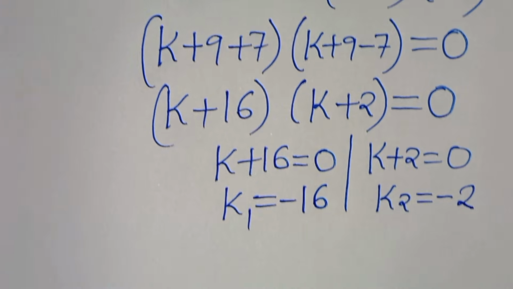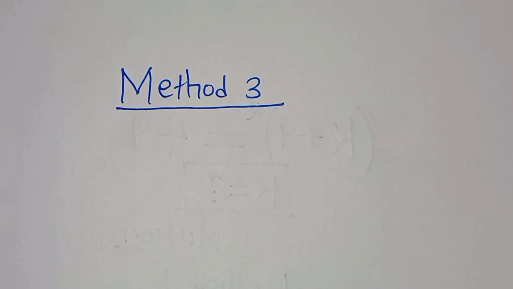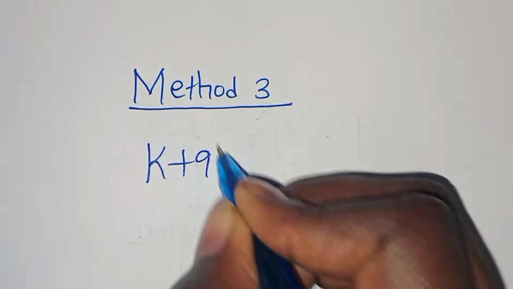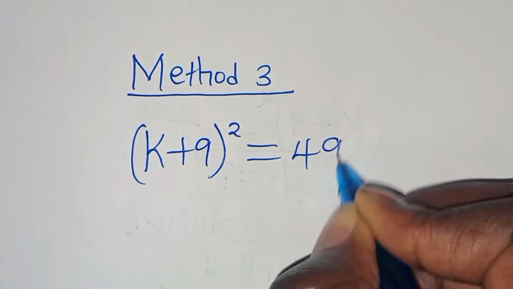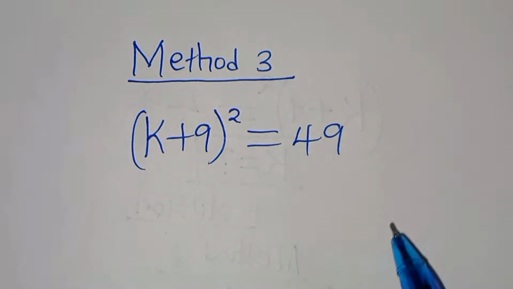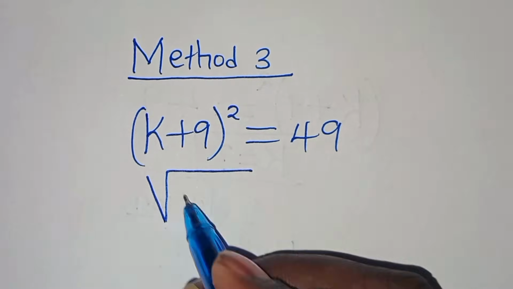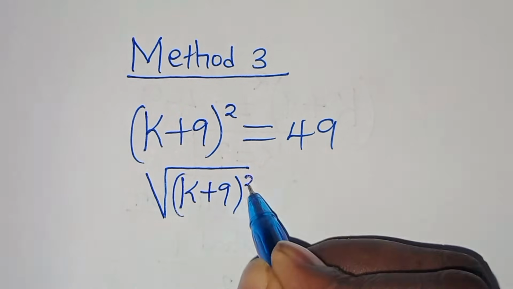Now, let's proceed to method 3 from here. Now, in method 3, we have k plus 9 raised to the power of 2. This is equal to 49. Now, let's introduce a square root on both sides so that we have the square root of k plus 9 raised to the power of 2.